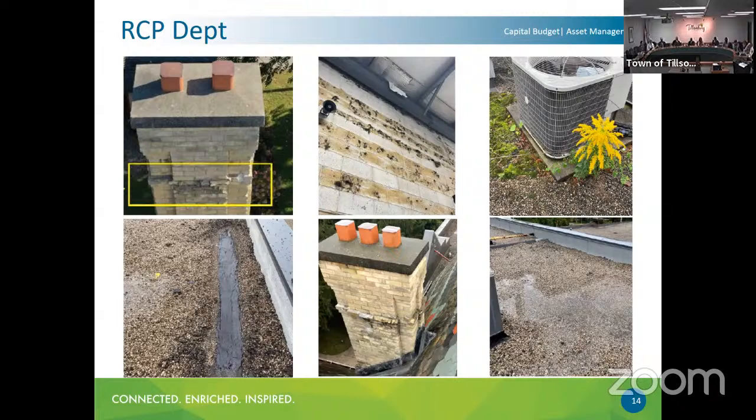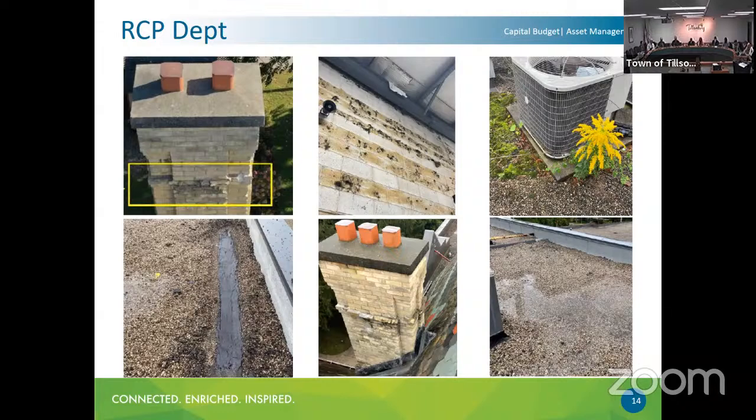So we are excited to share that our director of finance is very passionate about facility asset management. For our department, it means addressing things such as, on the screen, you can see the museum. We have a lot of work to do over there with our slate roof and some of our roofing infrastructure.